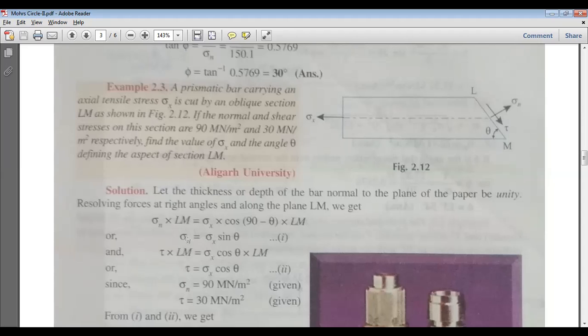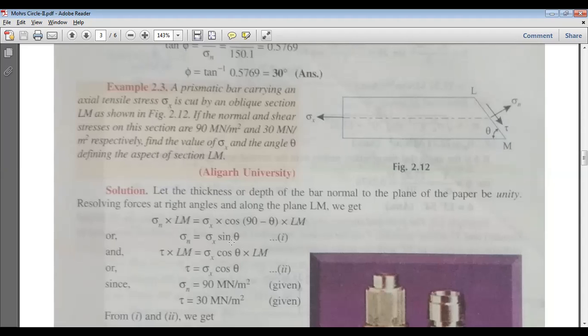Normal stress sigma n and shear stress tau are given. Substituting these values, we have two unknowns, sigma x and theta, and at the same time two equations, so we can solve. We solve in terms of sine theta and cos theta. Squaring and adding these two gives sigma x square sine square theta plus sigma x square cos square theta. The left-hand side is sigma n square plus tau square.